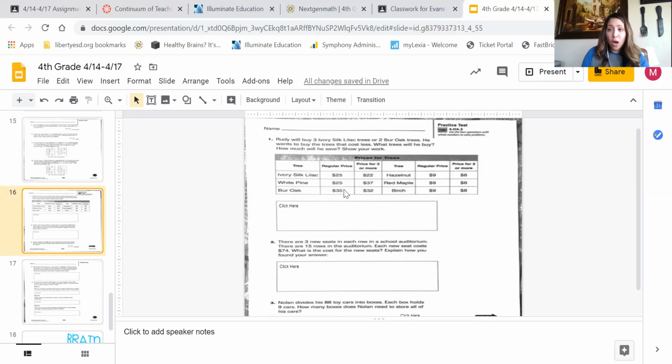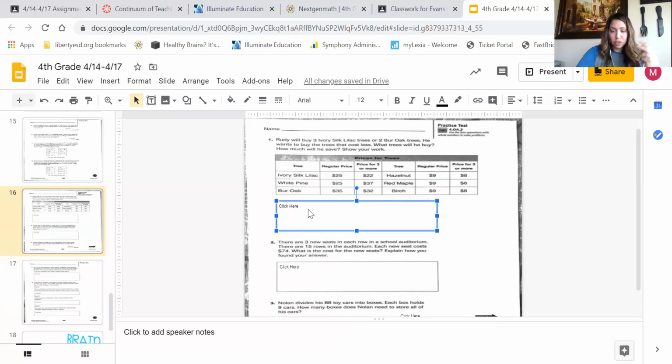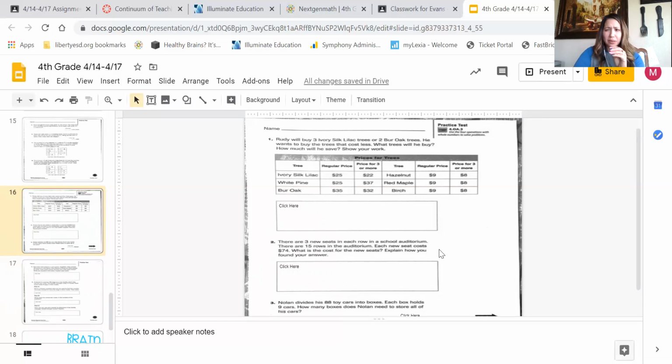Okay. He wants the trees that will cost less. All right. So that's where you need to figure out which ones cost less, and you would show your work here. I did it verbally, but you would type out the 22 times 3, solve it, and then do your 35 times 2, solve it, and explain. He will buy this type of tree because it cost such and such. All right, trying to do it without giving you guys the answers.